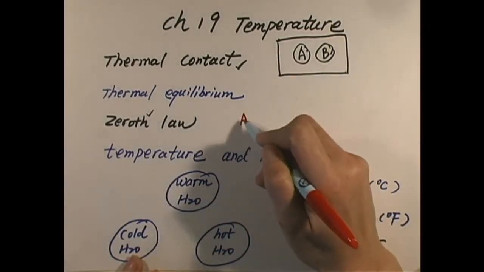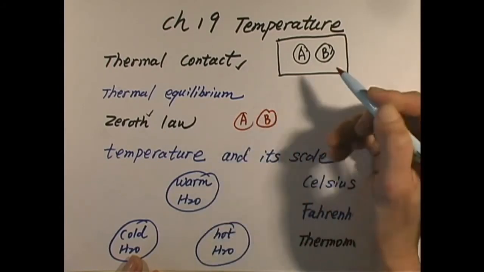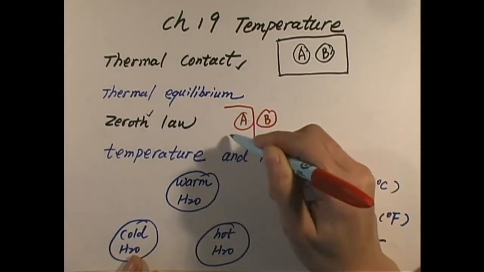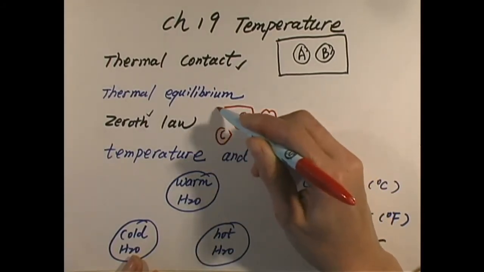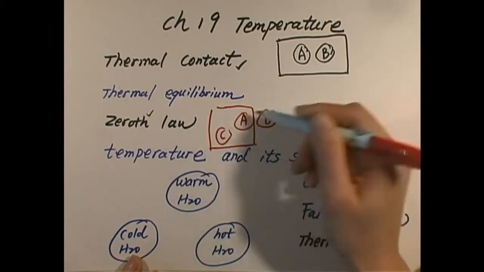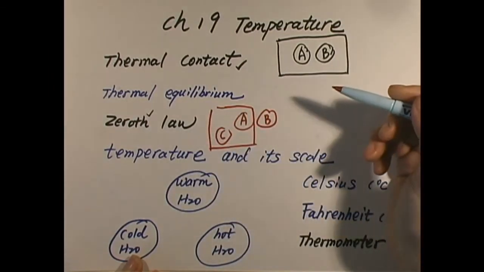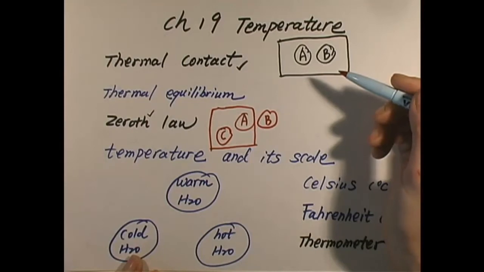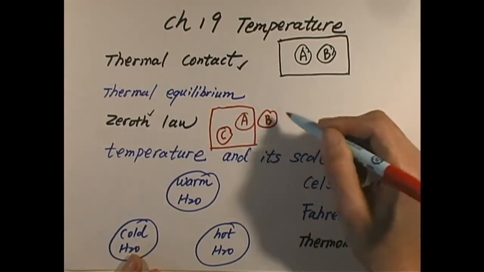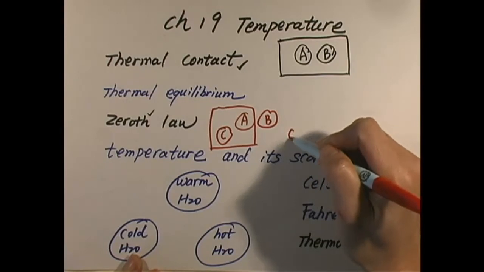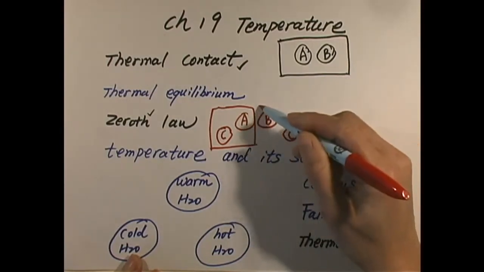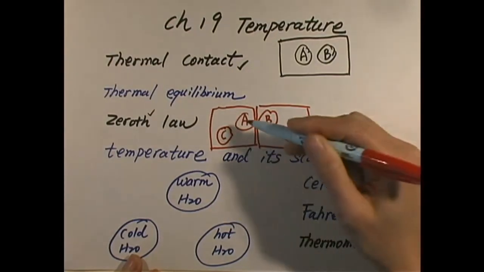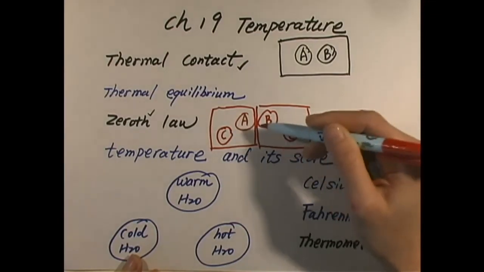Say, for example, A and B are separately in thermal equilibrium with C. If A and C are in thermal equilibrium, that means there is no more change of energy and they have reached, let's say, the same temperature. And then B, with the same C, also reaches thermal equilibrium, and then we say A and B are also in thermal equilibrium.